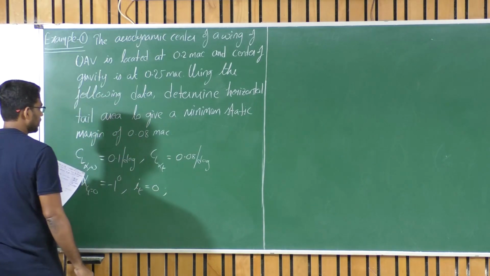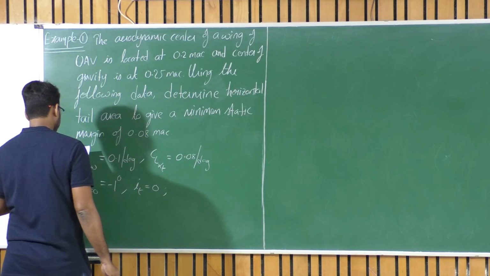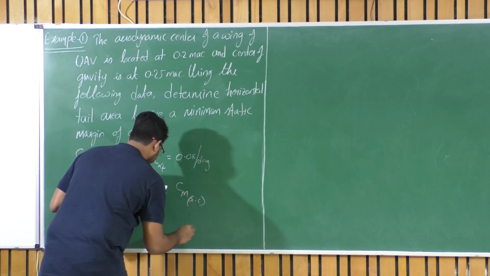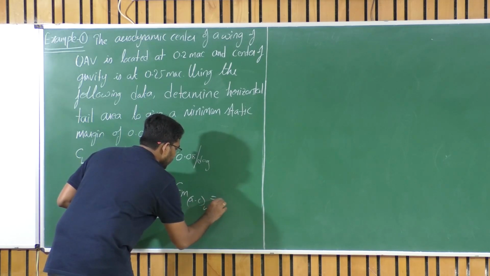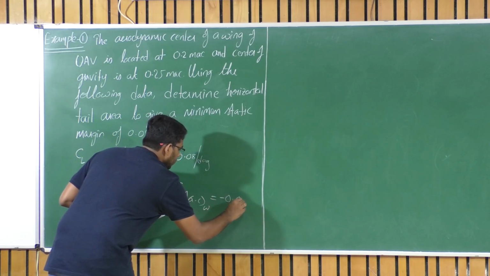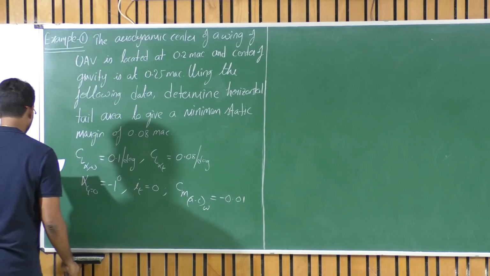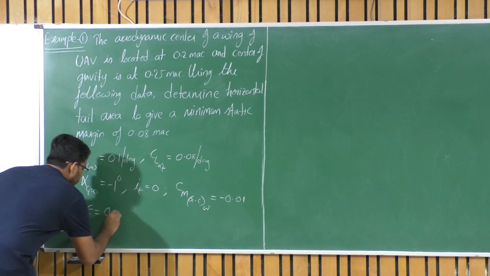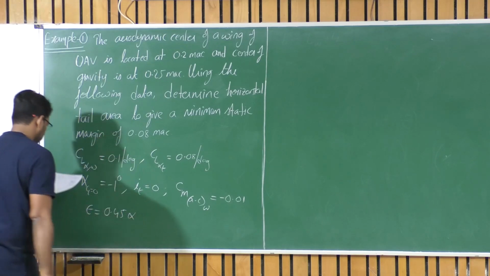Okay, 0 tail setting angle, and CMAC of wing is -0.01, and epsilon is given as 0.45 alpha.